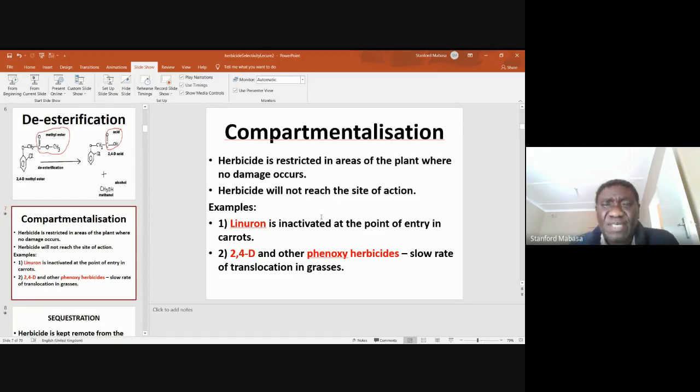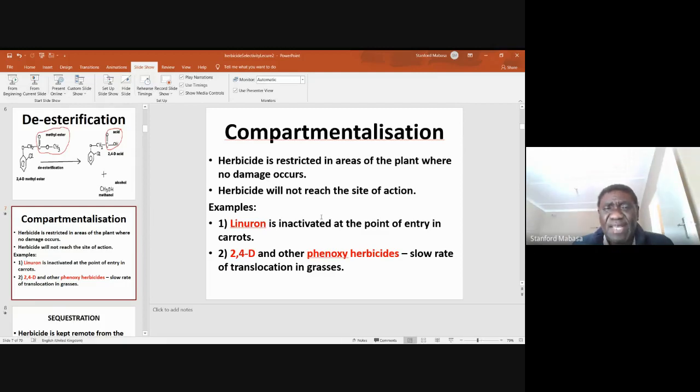Now, there is a process which we call compartmentalization. Compartmentalization means that the herbicide, when it is applied to the plant, within the plant, it is restricted to certain areas within the plant so that it won't reach the site of action and cause damage.